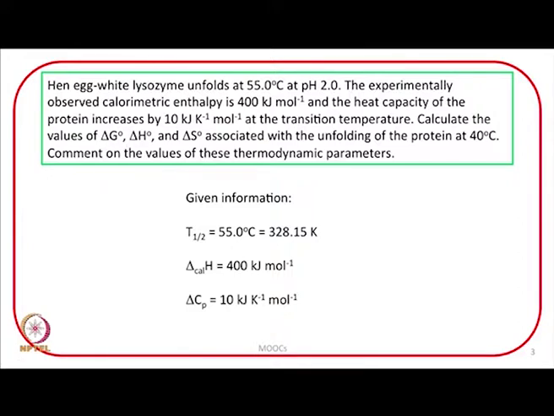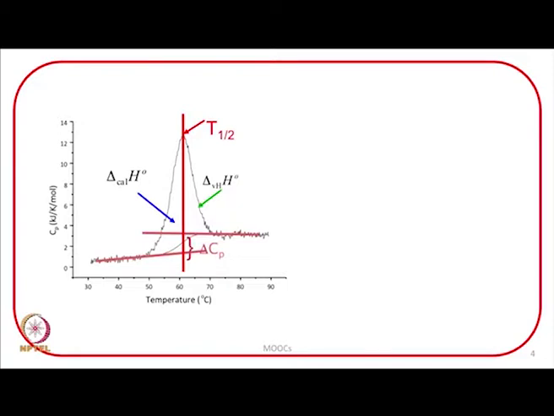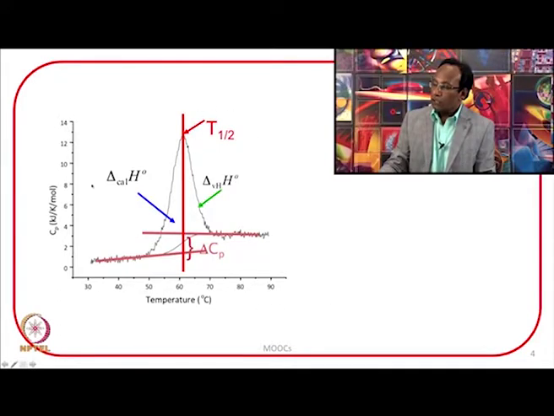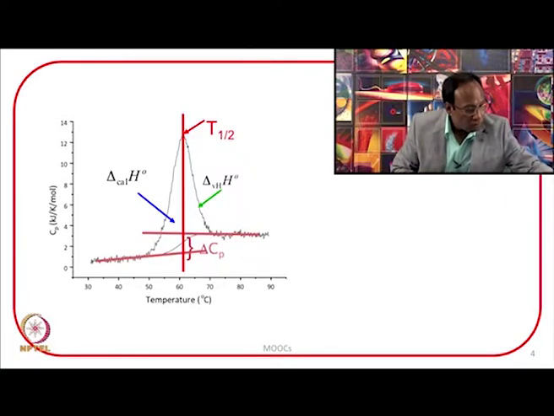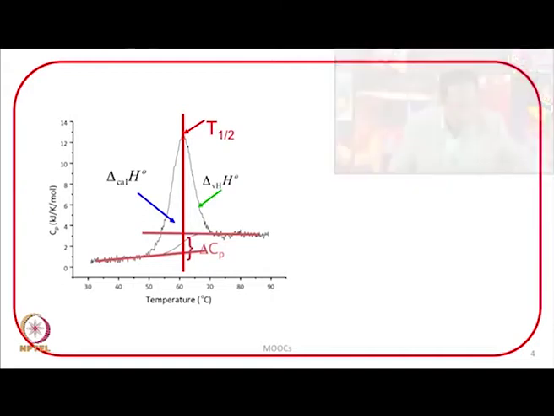Let us keep this data in mind and look at the differential scanning calorimetric profile. Let us take a look at this figure. We are given the information on T half, the value of calorimetric enthalpy, and the value of delta Cp. Now let us do some derivation.